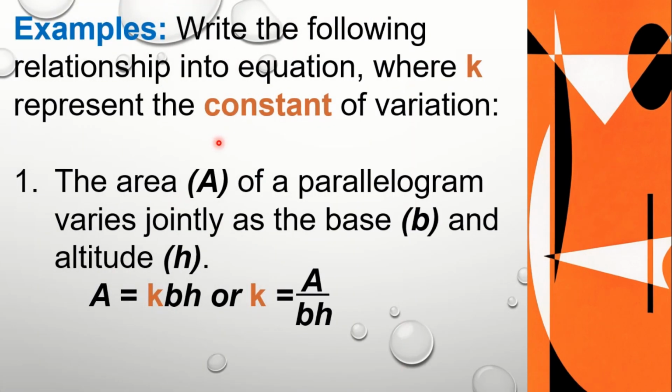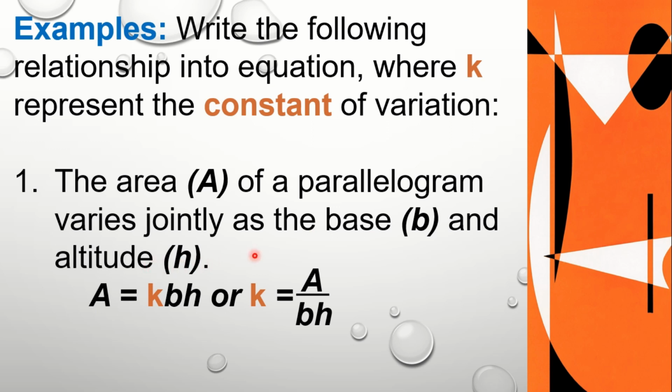Examples on how to write the relationship into an equation, where k represents the constant of variation. 1. The area of a parallelogram varies jointly as the base and altitude. So the three quantities here are A for area, B for the base, and H for the altitude.